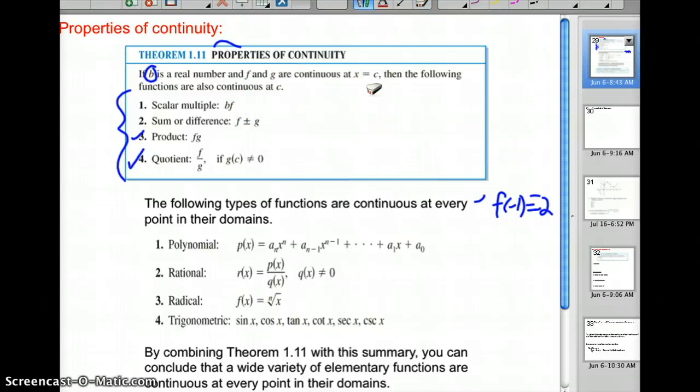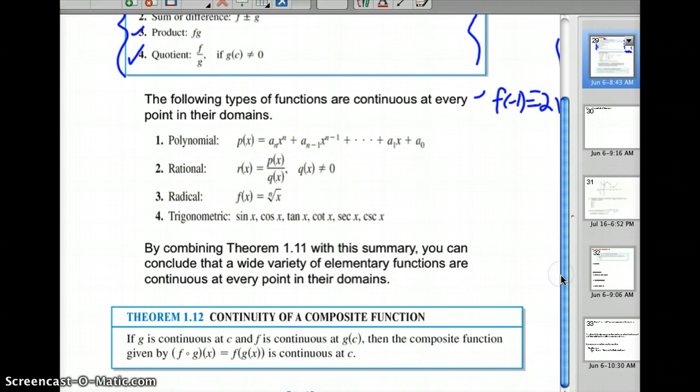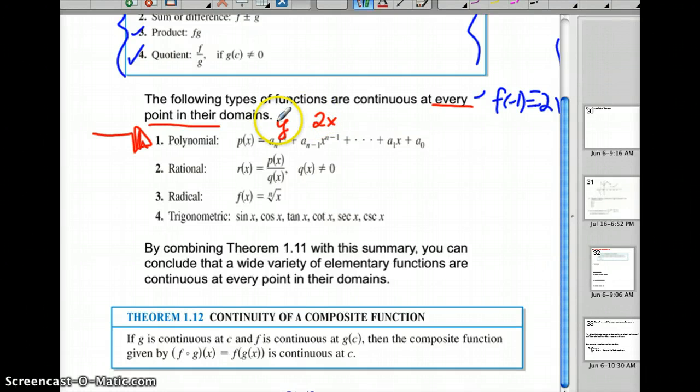So going down to the bottom, because we can combine all this stuff, it says the following types of functions are continuous at every point in their domains. Polynomial functions are continuous at all points in their domains. Graphically, a line is a polynomial, say y equals 2x plus 1.